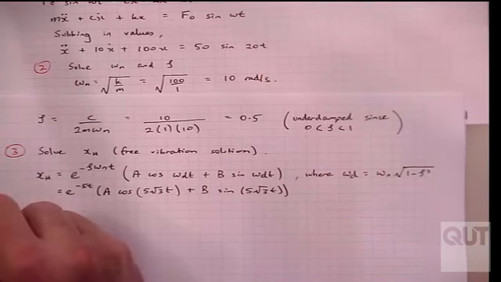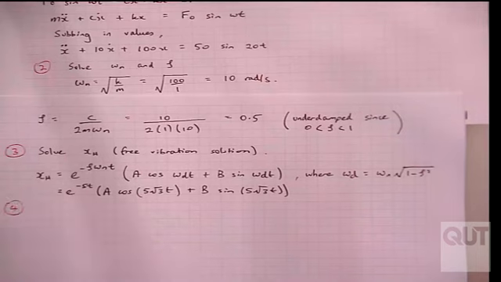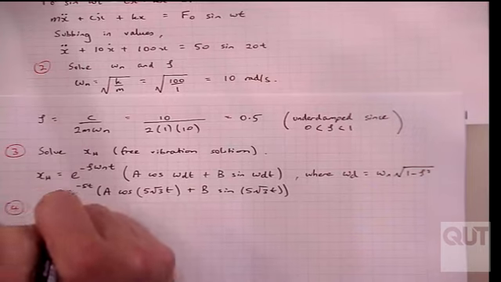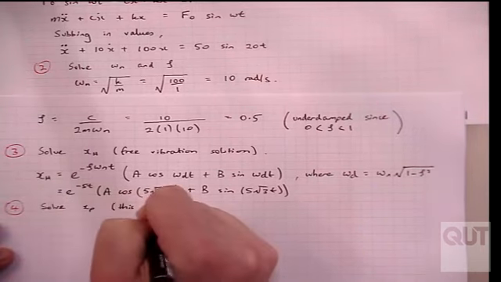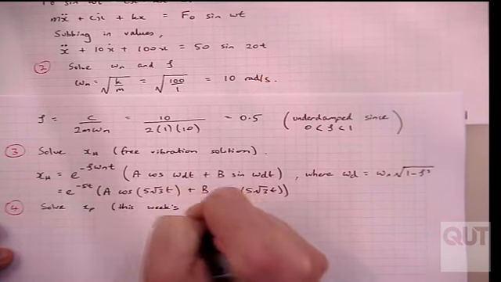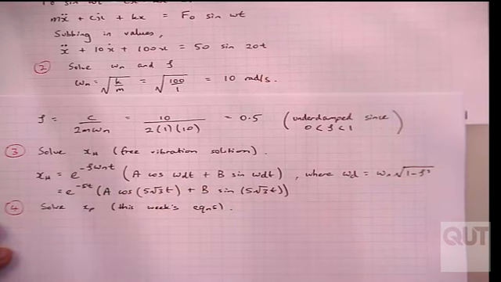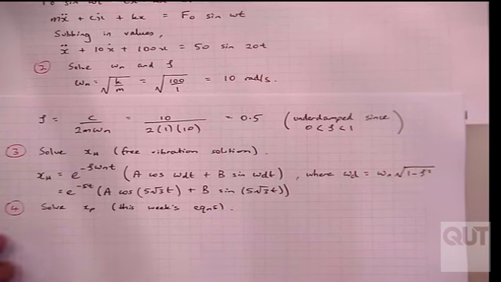Step 4. We need to get the particular solution. We're just using the equations we've just derived. Our equation for x, the amplitude of our particular solution, and then phi, the equation for the phase of our particular solution.